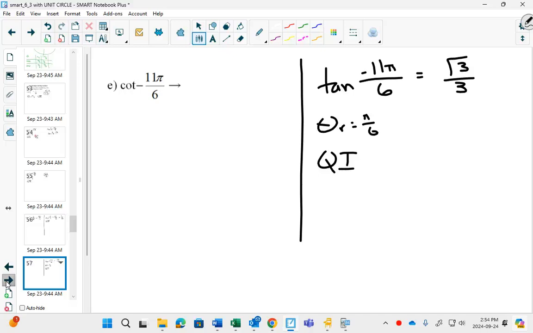If 11 pi over 6 is in the 4th quadrant going in the positive direction, does it make sense that if you went negative 11 pi over 6, you would go 4 quadrants in the negative direction, which would end in quadrant 1? So it's going to be positive, right? And it could have been written as 1 over root 3. Remember that from our special triangles as well. So you could write this one either as 3 over root 3 or just root 3 over 1.